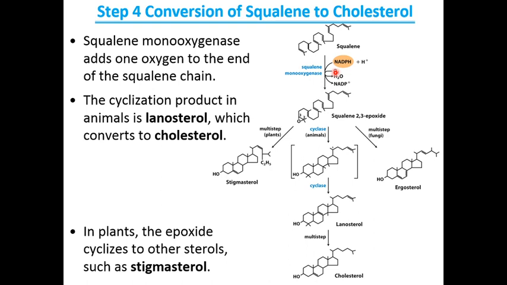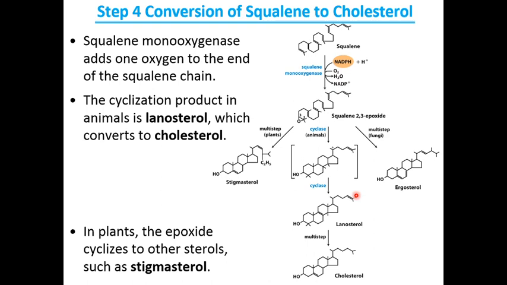Squalene 2,3 epoxide is positioned in such a way that a remarkable concerted reaction can convert the linear squalene epoxide to a cyclic structure. You do not have to understand how this concerted reaction happens. But in animal cells, this cyclization results in the formation of lanosterol.